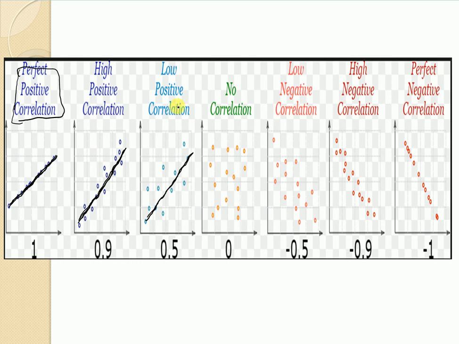And in low positive correlation, the data points are greatly scattered. For the no correlation case, again, we can't seem to draw a straight line through this data set here. And so there appears to be no correlation between the two variables.